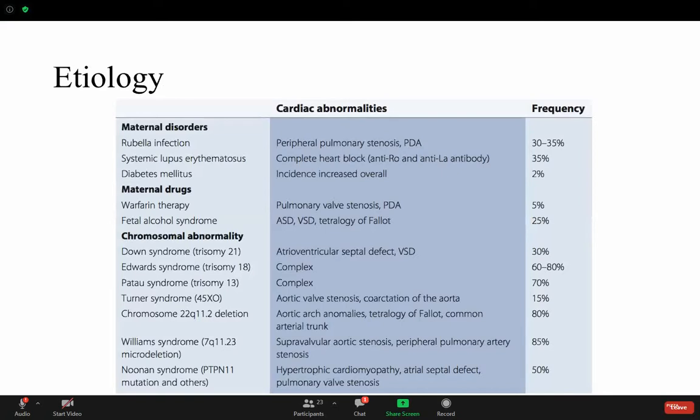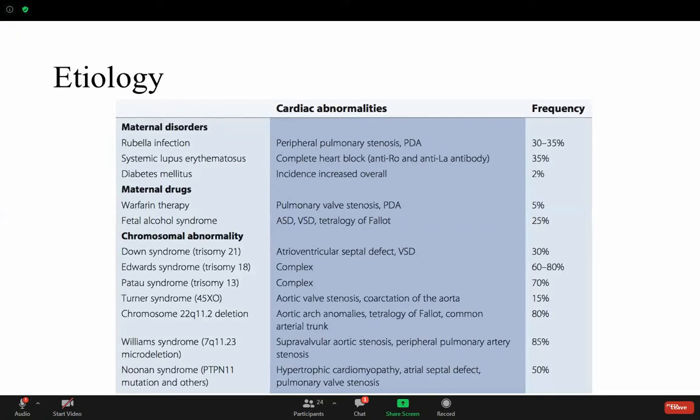The etiology is different for different diseases, but one of the known causes يا إما بسبب maternal disorders أو maternal drugs أو chromosomal abnormalities.